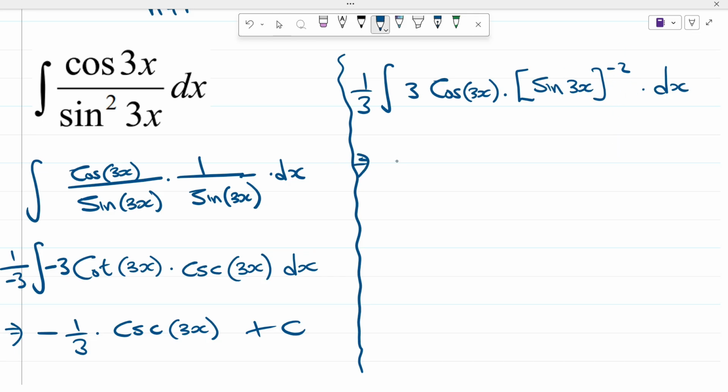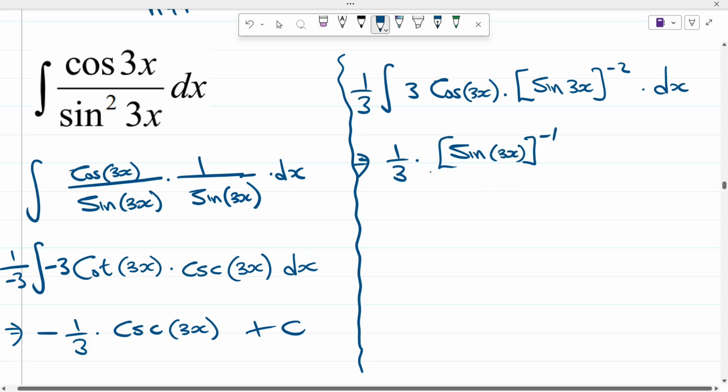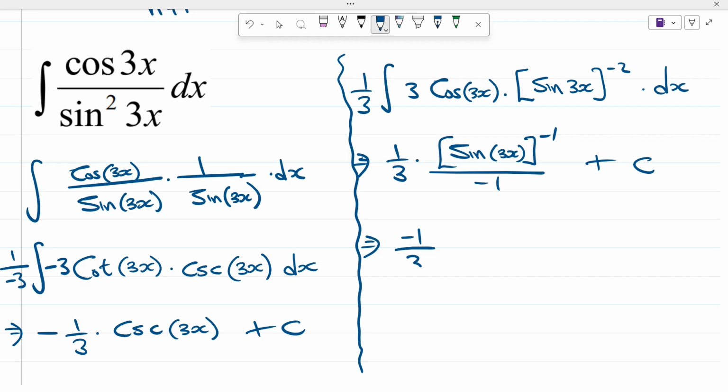So the answer for this is just going to be 1 over 3 multiplied by sine of 3x to the power of minus 2 plus 1, that's your minus 1, divided by minus 1, plus c. Then from here, it can be rewritten as minus 1 over 3 divided by sine of 3x, plus c.